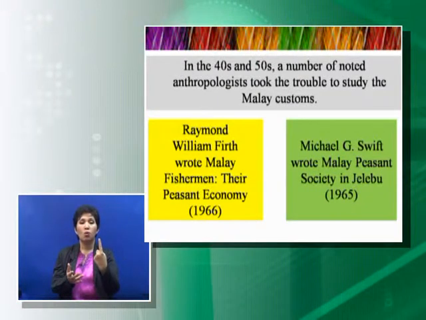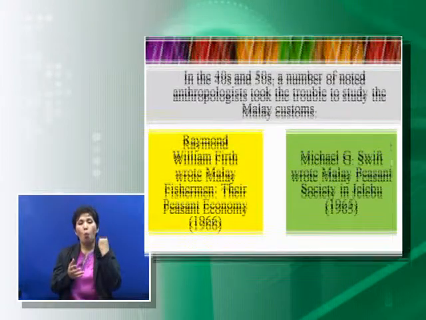The other one, Michael G. Swift, wrote Malay Peasant Society in Jelebu, in 1965. So we can see that these people put in the effort to come to our country, to stay together with the people in order to get the right information. They wanted to observe what was done by the people, and based on this, they started to write the report.